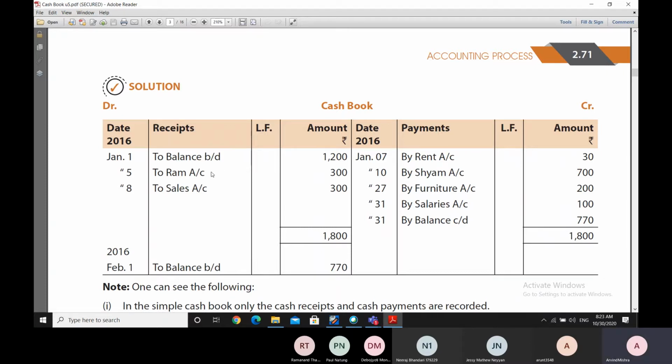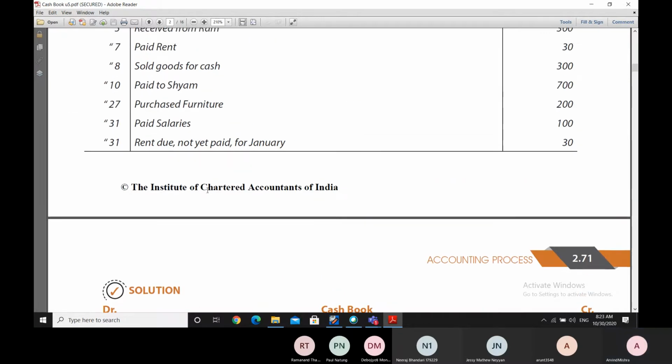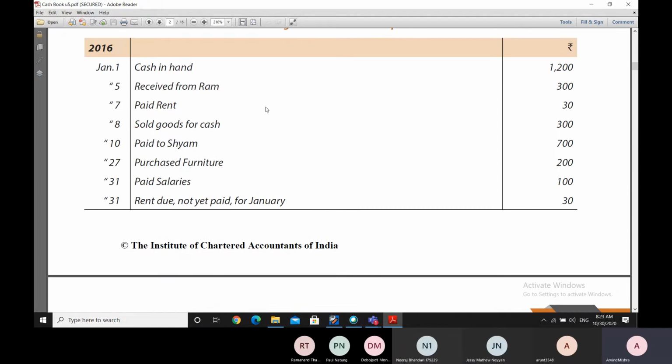All the receipts are mentioned on the left-hand side and preceded by the word "to." So when we say "to RAM account," it means that we are debiting the cash book and crediting RAM's account. For example, the January 5 entry is received from RAM.